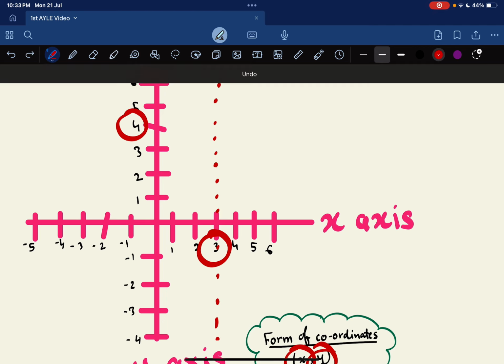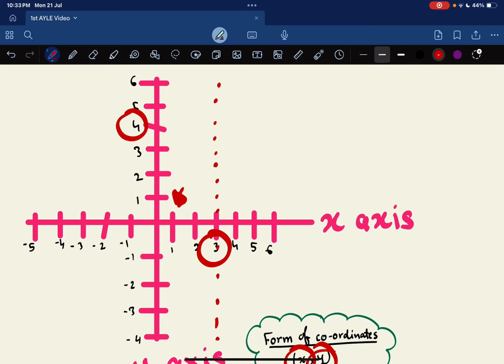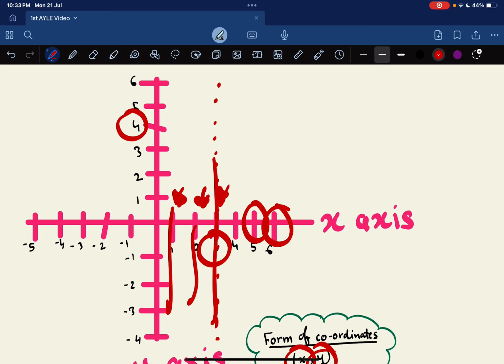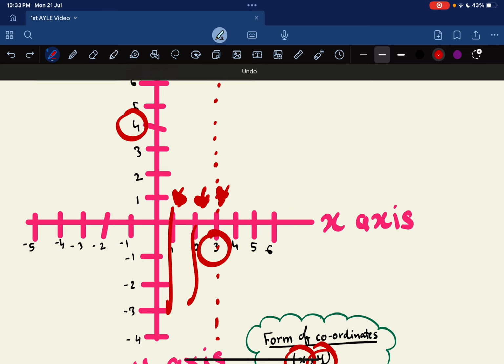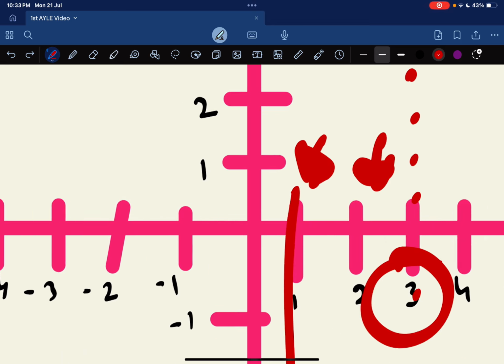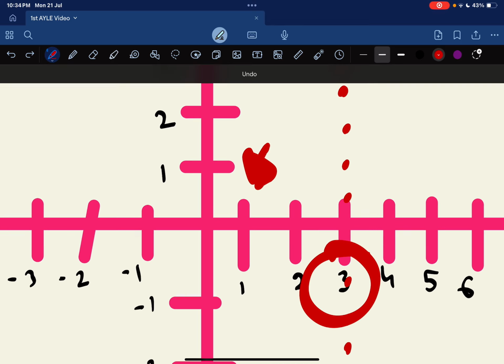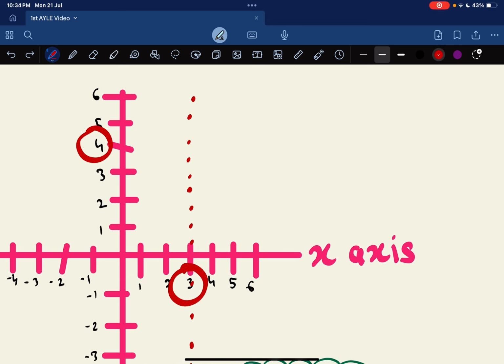You can think of it again as levels. Look, we've got level 1, level 2, and level 3. Okay, you can think about these markings and that can help you remember. Okay, so our point is going to lie on 3 on the x-axis.